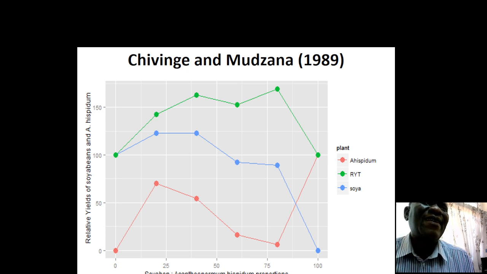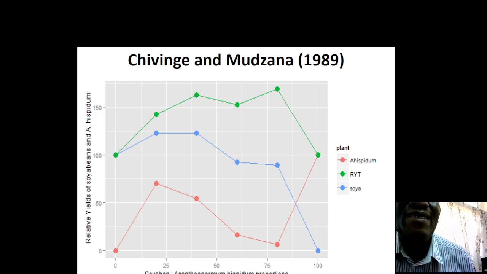Here, these things can become complicated. You can see Chivinge and Mudzana 1989, where you have soybean in blue and Acanthospermum in red.